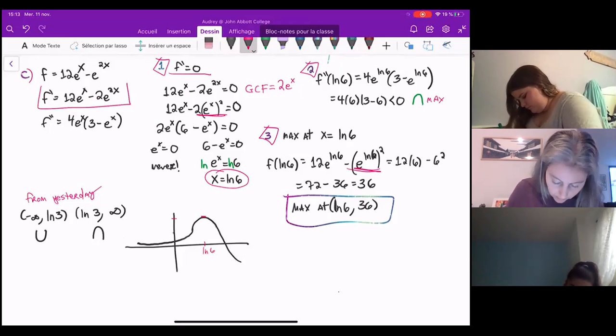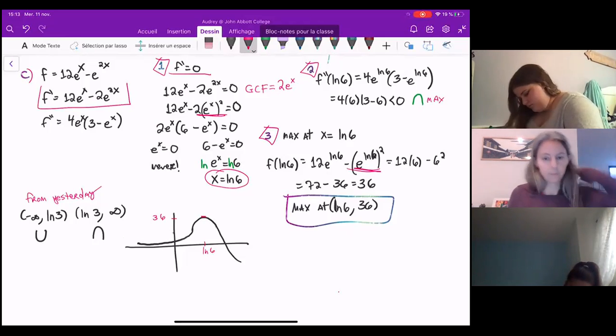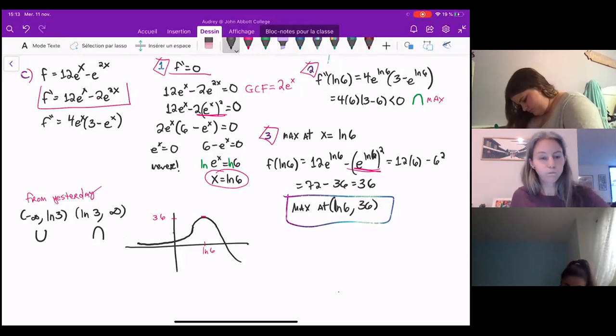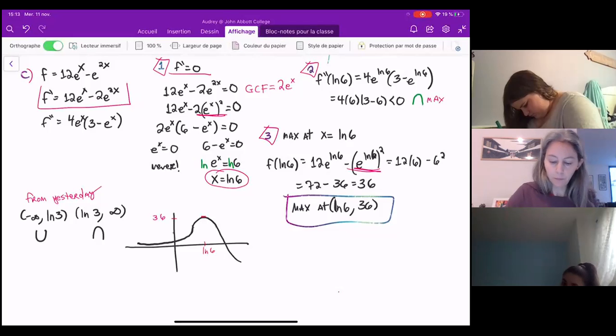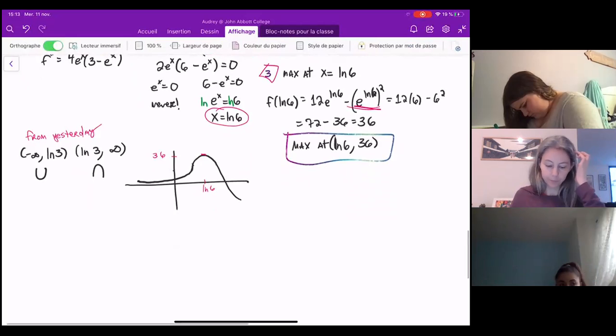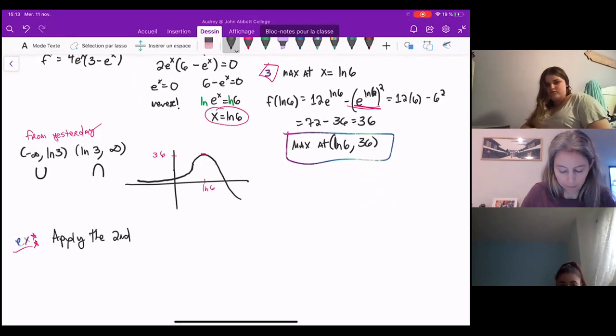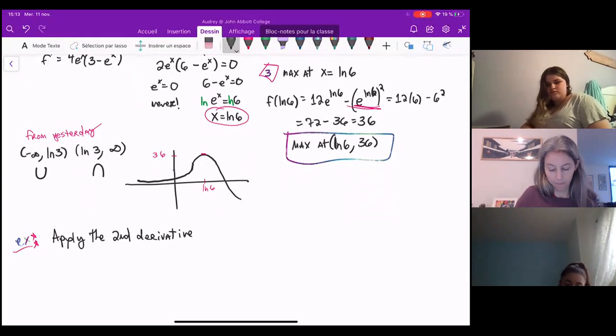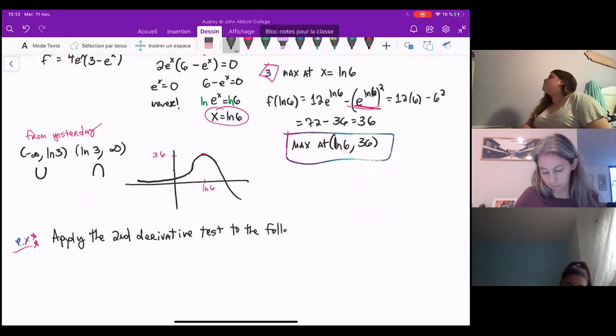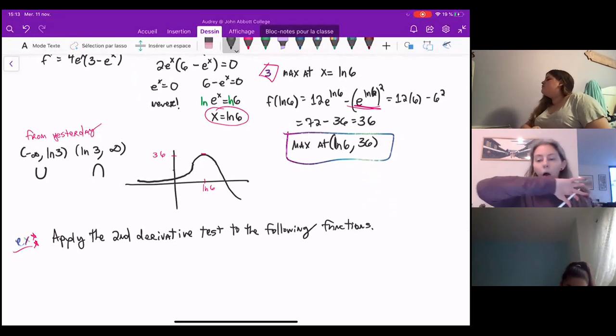So we would say that that is ln 6 and that is 36. Okay, so those are all of the functions we looked at yesterday.